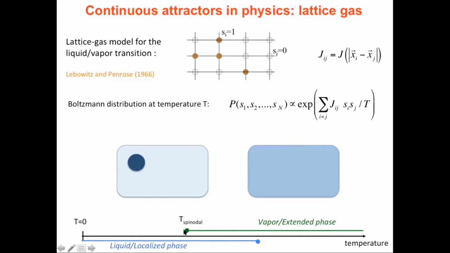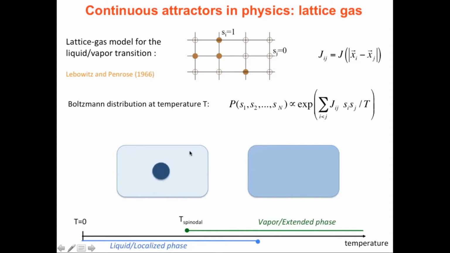Okay, so if we are at low temperature, which corresponds to low neural noise in our continuous attractor model, I'll come back to that later. Then, of course, since the model is totally translationally invariant, there is no difference between having this high density liquid region here or somewhere else in space.